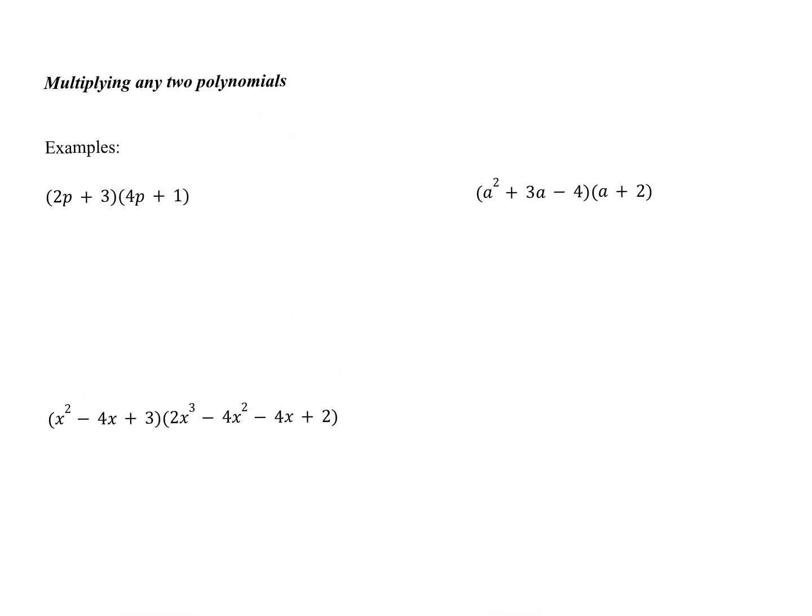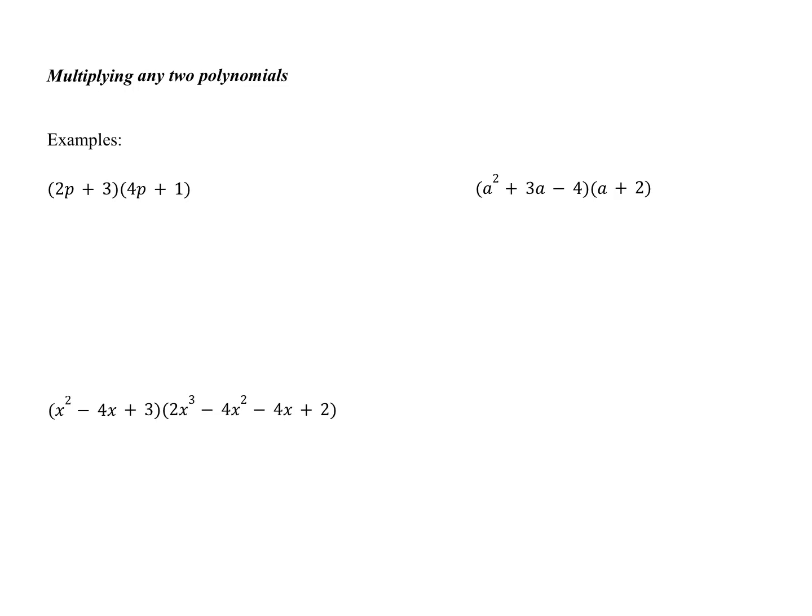Next, we have multiplying two polynomials. In this case, we're still going to distribute, but you want to distribute everything in the first set of parentheses to everything in the second set of parentheses. For example, 2p plus 3 times 4p plus 1, I'm going to take my 2p and multiply it to everything in that second set. 2 times 4 gives me 8.